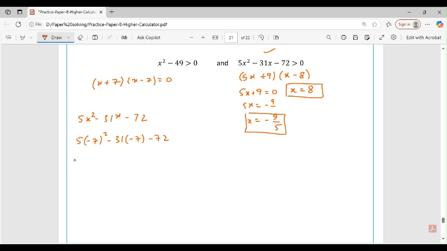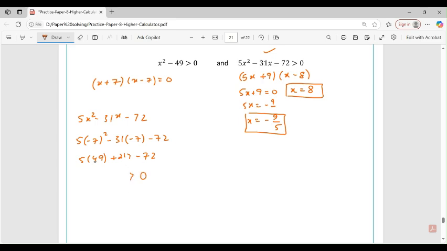So we are going to get 49 for this positive, and a positive 217, and minus 72.